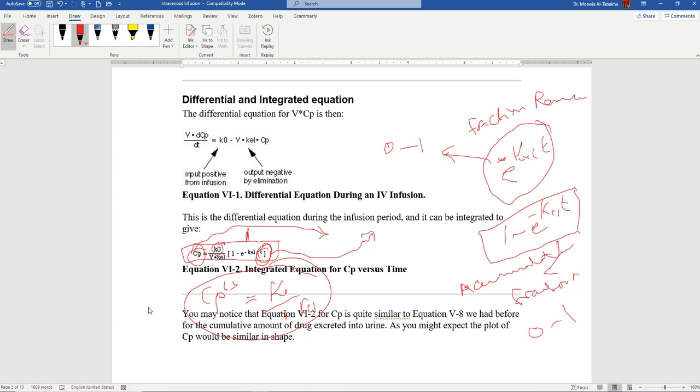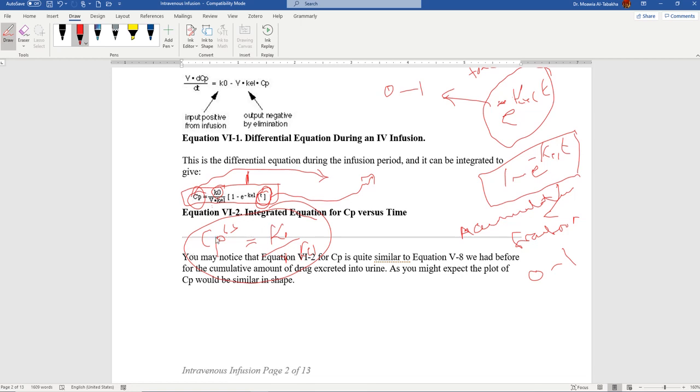Another way of looking at this: we said when we reach CPSS, dCP/dT multiplied by V, this change, will be zero because we are at steady state, and it is equal to K0 minus KEL times V times CP. Now this means K0 and KEL times V times CP are equal so that the change becomes zero.